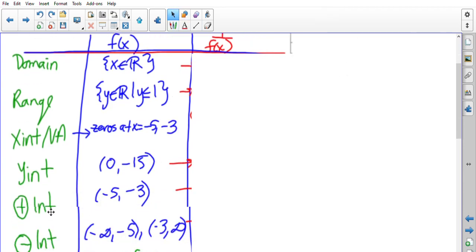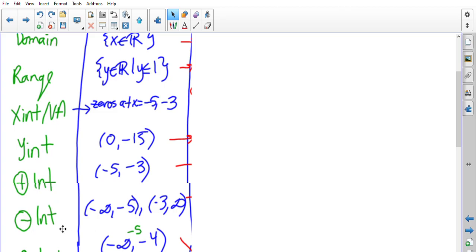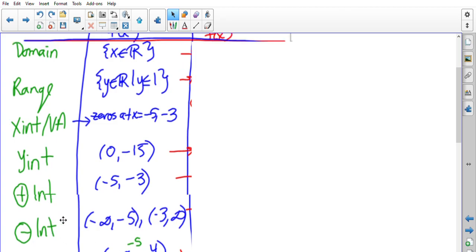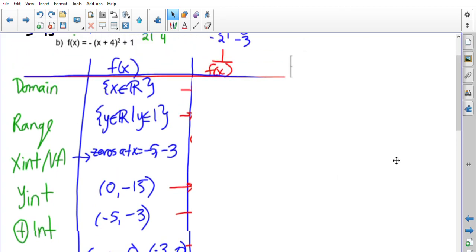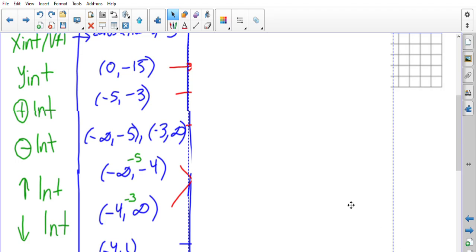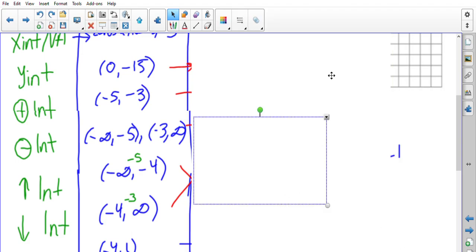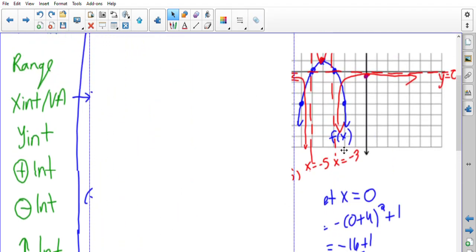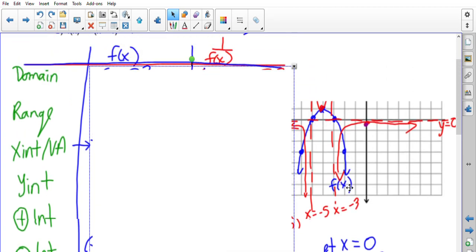All right, now we need to know when the positive and negative intervals are. That's going to be really important with your correct drawing. So again, I'm going to reveal that a bit here. We can see in this blue drawing that it is above the x-axis for this part here, between -5 and -3.